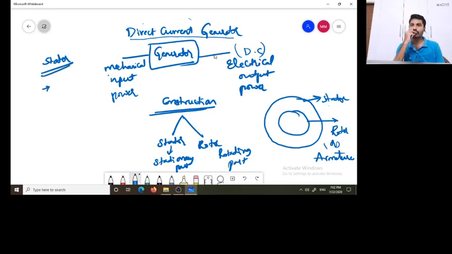Now we can see what parts are present in a stator. The first part, the outer part, is the yoke. The yoke is the outer core of a machine. It protects the inner parts of the machine. The pole core is the second part.